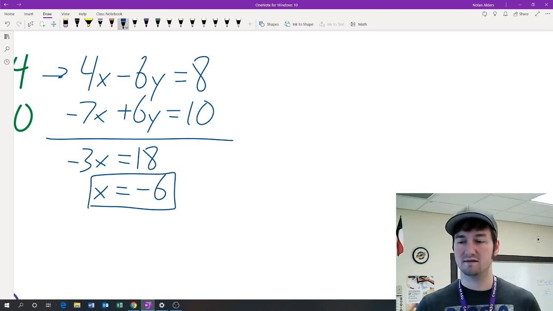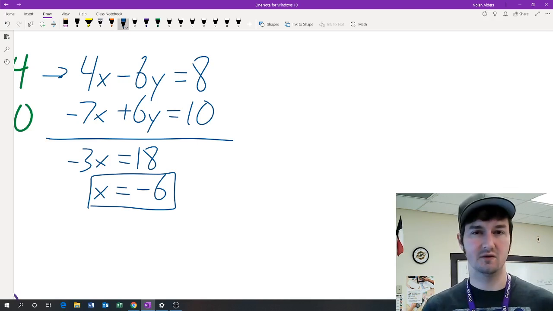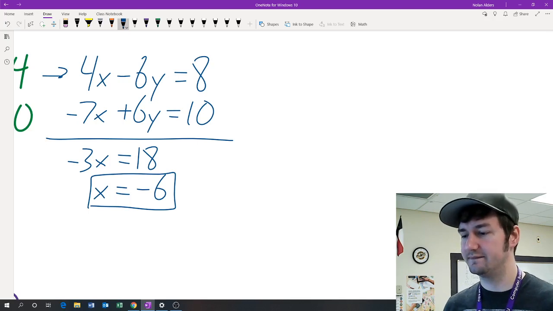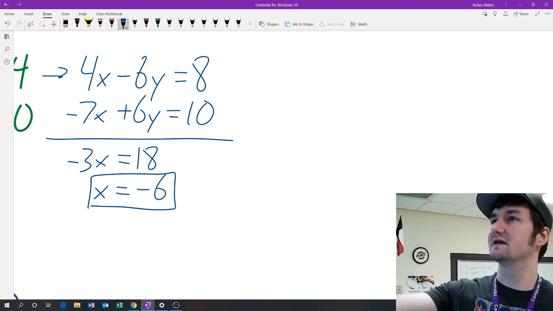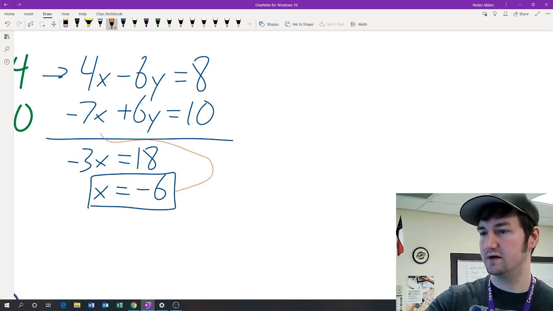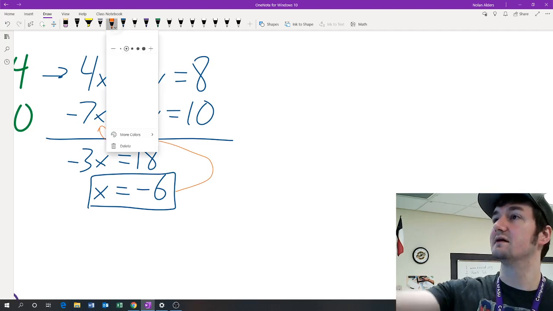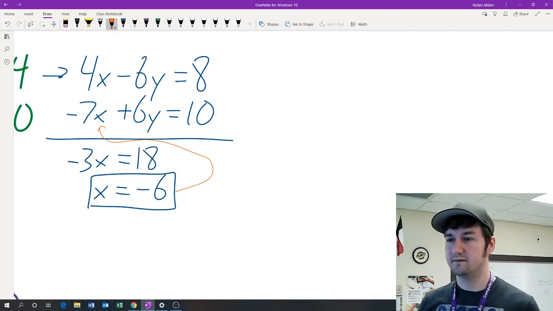Now we can take that solution for x and substitute it into one of the original equations to solve for y. So let's do that. Let's go ahead and substitute it into this second equation. We're going to take it and substitute it right here in for x. Okay?